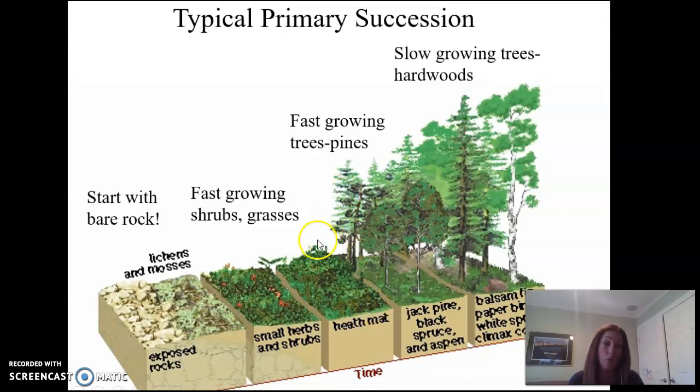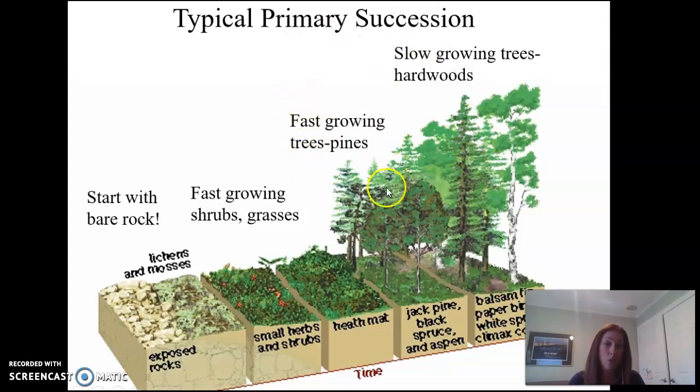So what they'll do is they will shade out the previous bushes and shrubs. So they'll all start to die, adding their nutrients to the soil. The pine trees also create shade that our hardwoods really like to germinate. So the hardwoods will be able to germinate with the help of the pine trees. And then as the hardwoods grow, they are much slower growing, but they can grow taller and they have a much bigger shade canopy.